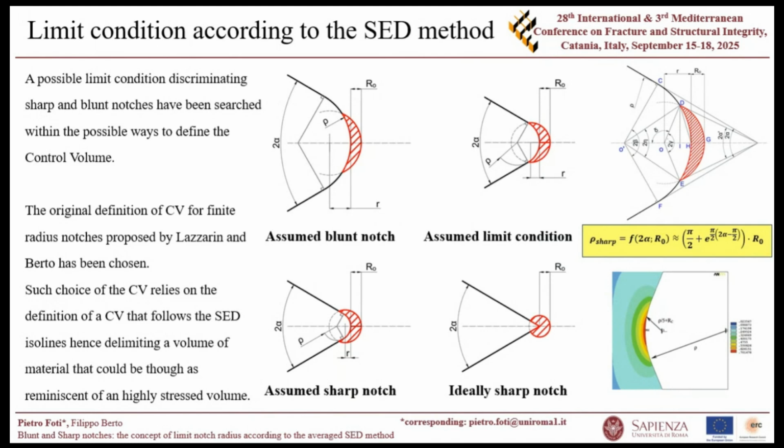So we thought that maybe a possible limiting condition would be the one that differentiates between these two conditions. You can see here that the problem could be easily schematized, and we have been able to derive analytically the value of the notch radius that discriminates between these two conditions. But here we reported a simplified expression because the analytical one was a bit longer and probably not so easy to use. But it's a quite good fit, I can assure.